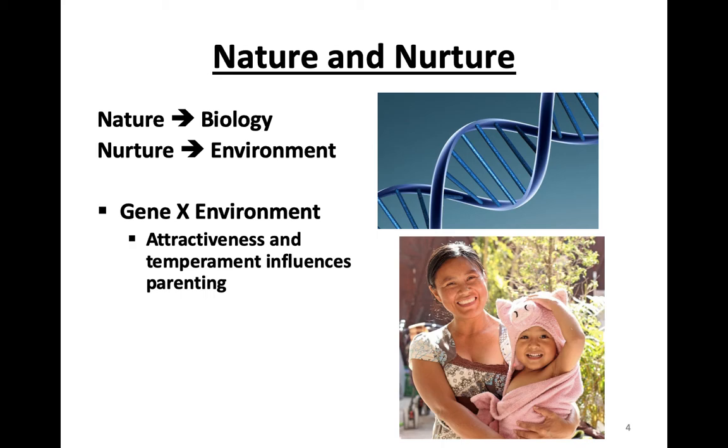So these traits that are genetically determined are certainly influenced by genes, but it's also the case that they can influence parenting. So, research shows that parents provide more sensitive as well as affectionate care to children that are both easygoing and attractive as compared to more difficult children or to less attractive ones.